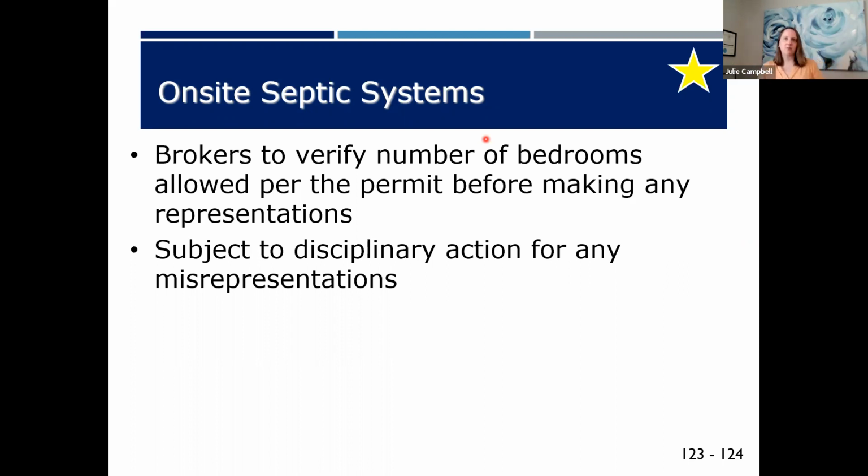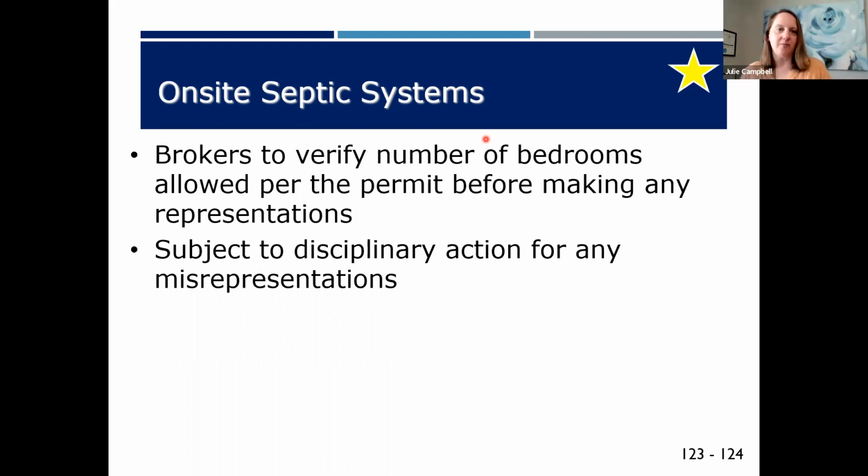We're going to talk about the disciplinary action when we get to Unit 7. How do we keep ourselves out of what we refer to as real estate jail? How do we keep ourselves out of disciplinary action? This is why we're here. This is why we're going over the laws and the rules, to give you guys that foundation to help keep you out of trouble. My job is to help you. I feel like my job is twofold.